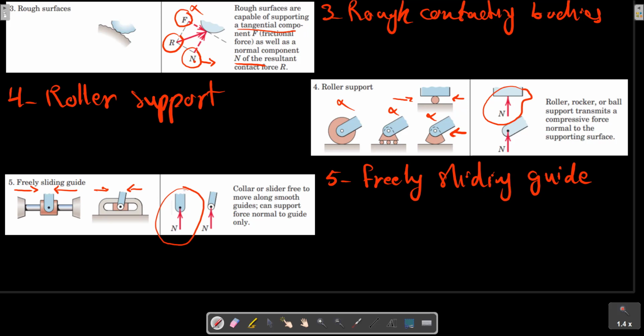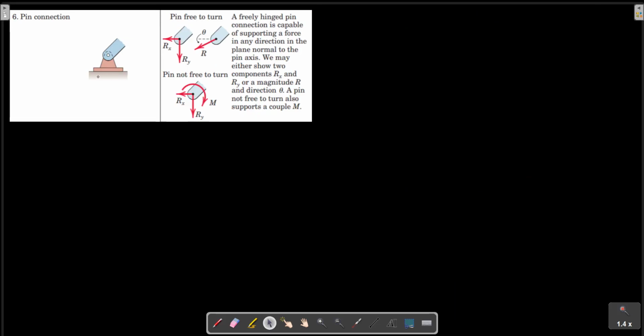The next free body diagram type of contact and force origin is the pin connection. On the next page, this example shows pin connection, example 6.